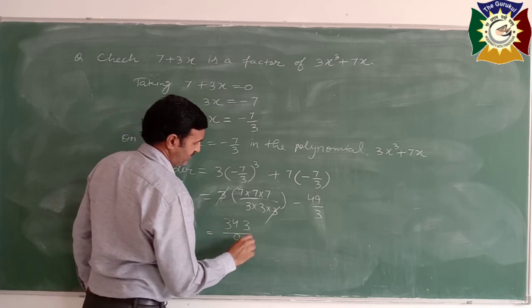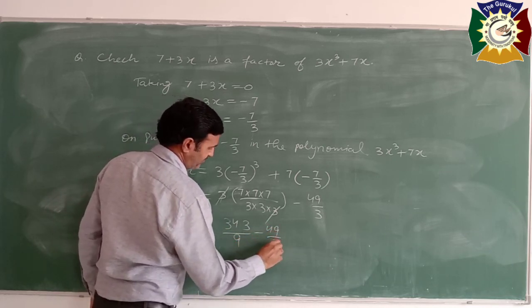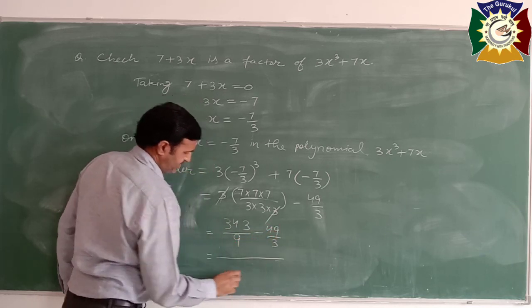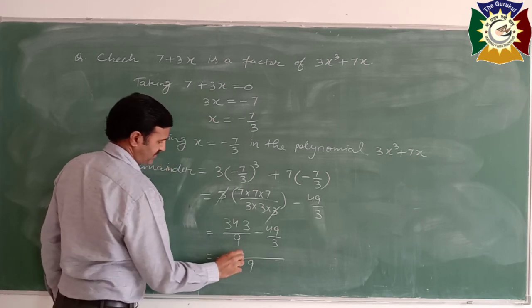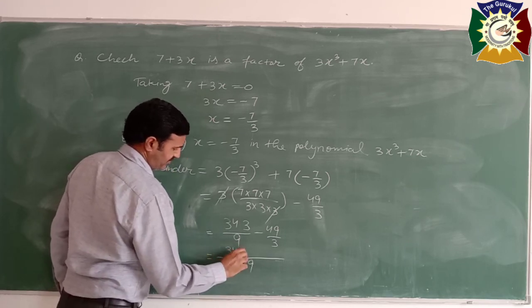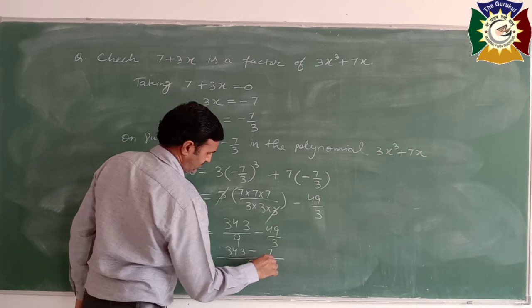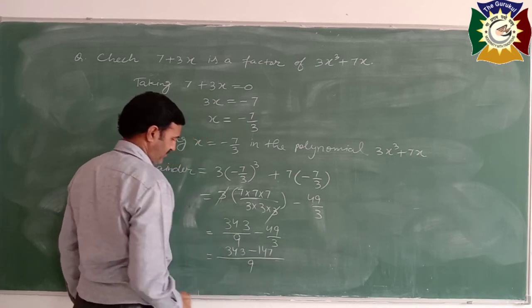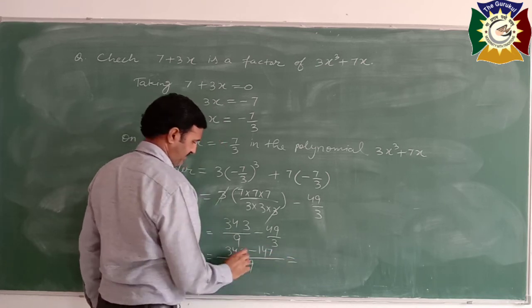So 343 upon 9 minus 49 upon 3. We take the LCM: 343 minus 147.